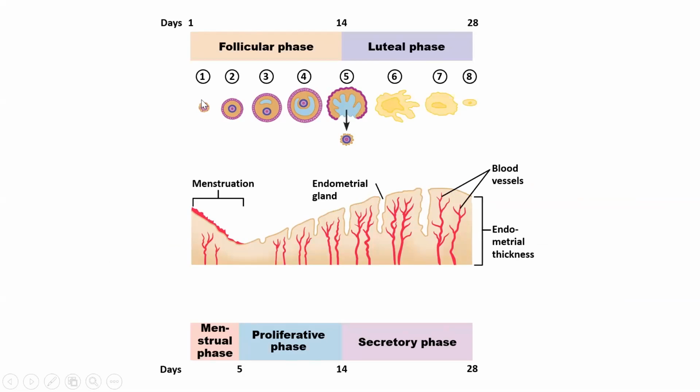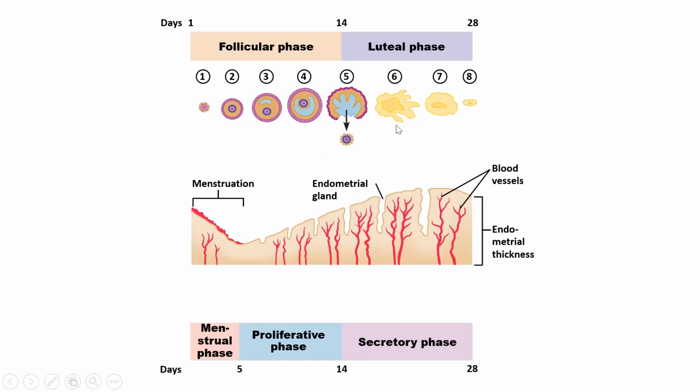And we can see that the events that are happening at the beginning here, the follicular phase, are also corresponding to what's happening in the uterus, right? We're preparing a new ovum here, but we're also sloughing off the old endometrial lining and preparing a brand new lining should this ruptured ovum become fertilized in the second part of this cycle.